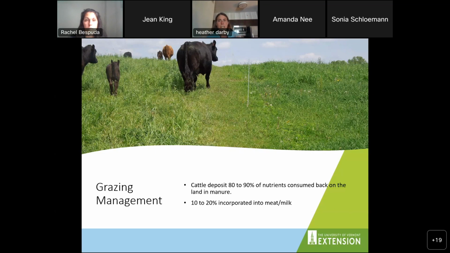So they're not eating and converting all of those nutrients into meat or milk or wool or whatever the product is that you're getting from your livestock. Only 10 to 20% of the nutrients they're consuming is being removed, and the rest is going back onto the ground. So clearly, you are getting fertility by grazing animals, okay?